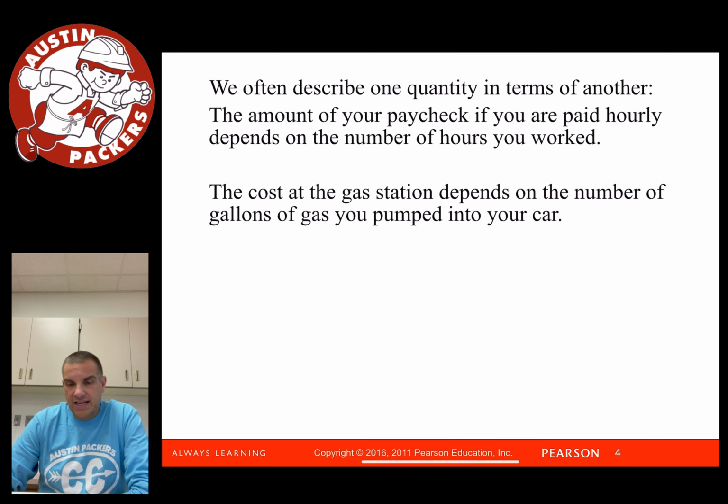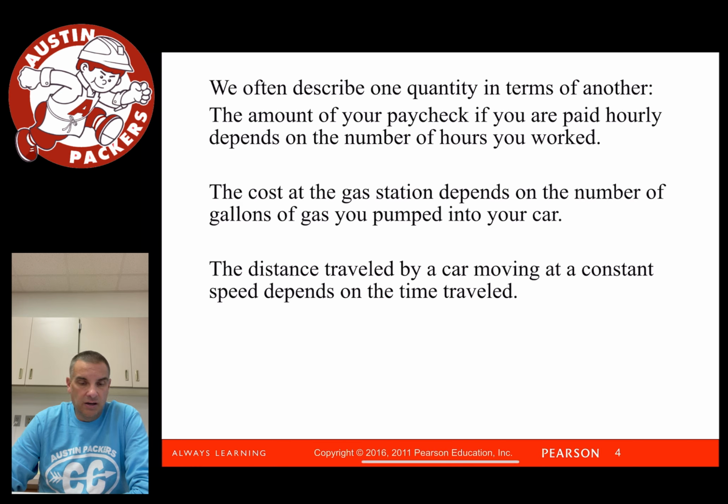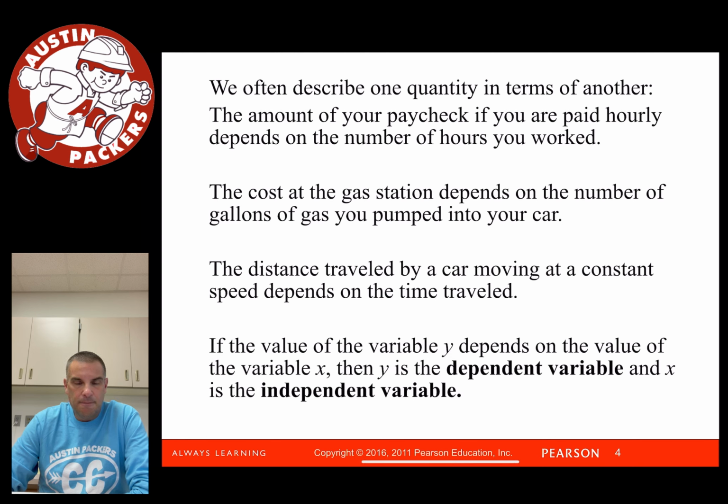The cost at a gas station depends on the number of gallons of gas you pumped in your car. The distance traveled by your car moving at a constant speed depends on the time traveled. These are all dependent and independent events. So if the value of the variable y depends on the value of a variable x, then we say y is the dependent variable and x is the independent variable.